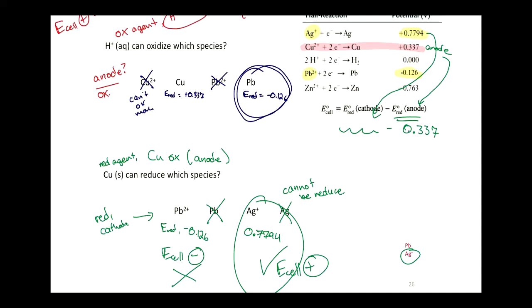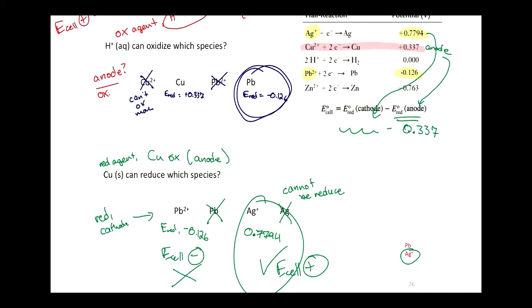I'm saying copper solid is my reducing agent, so which of these substances are going to be reduced? You have to come to that conclusion that we're looking for the reduction potentials of the given list, while copper solid is our anode. It is being oxidized, so it's the second component of this equation.